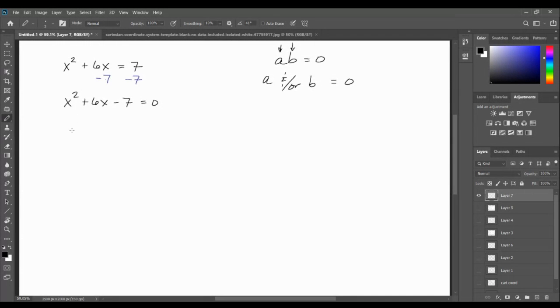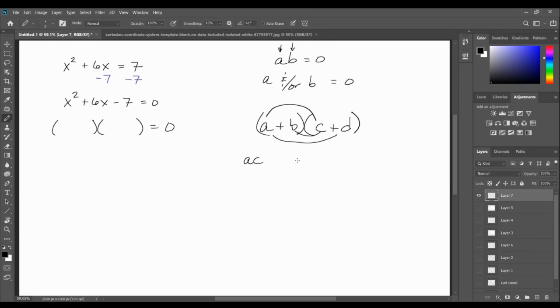So with this one, I'm going to try reverse FOIL, which I generally say just factor directly. Keep my equals 0. So remember, with FOIL, we've got a couple of binomials that we're multiplying together. And the firsts always gave us our first term.